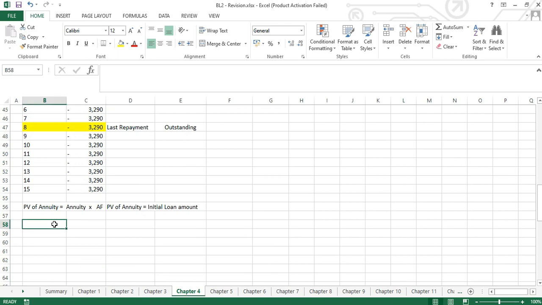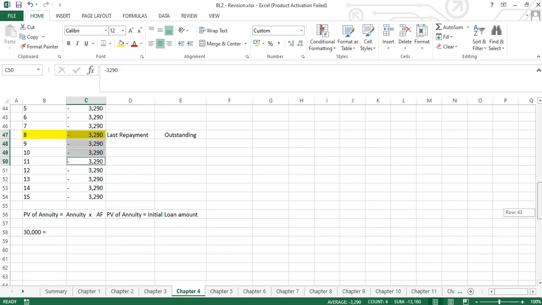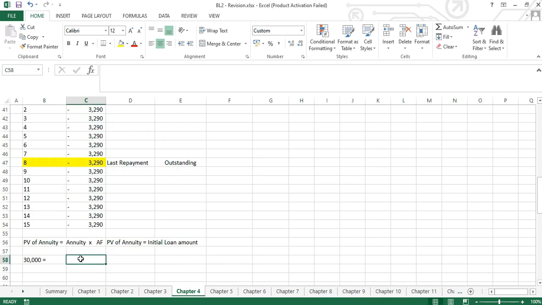So 30,000 will be equal to the present value of the annuity, which is 3,290 multiplied by the annuity factor for 8 years.